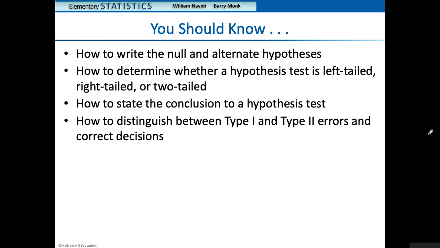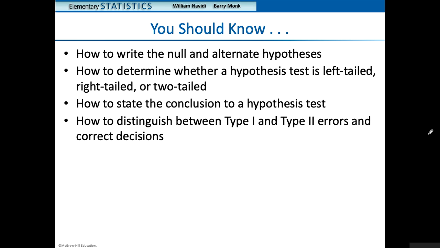Later, at the end of chapter 11, we'll look at a few specific types of hypothesis tests designed for comparisons of two different populations. So that's what we can look forward to.